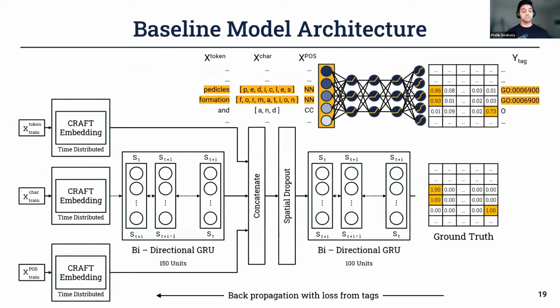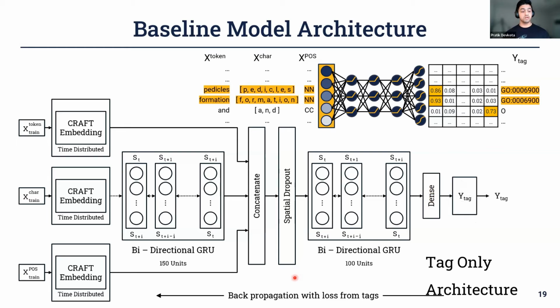And then some loss is calculated. The loss is then back propagated to adjust all of the intermediate parameters that were set during the forward propagation. This entire process happens for multiple iterations before they finally converge. And in this model, since we are only predicting Go annotations or tags, we are calling it the tag-only baseline architecture.